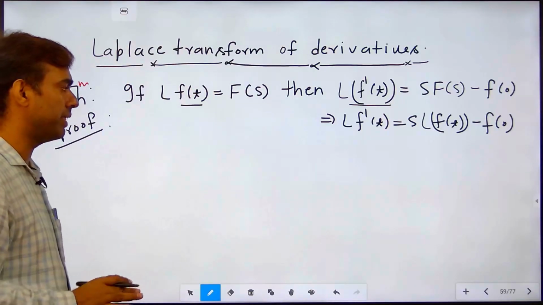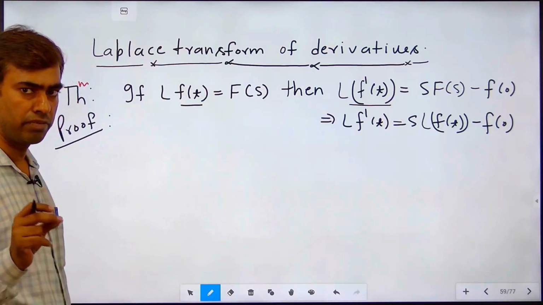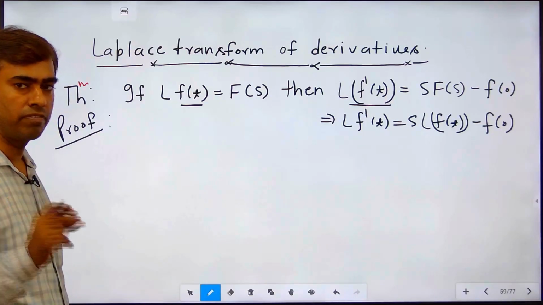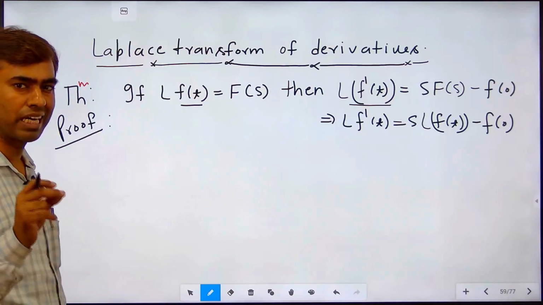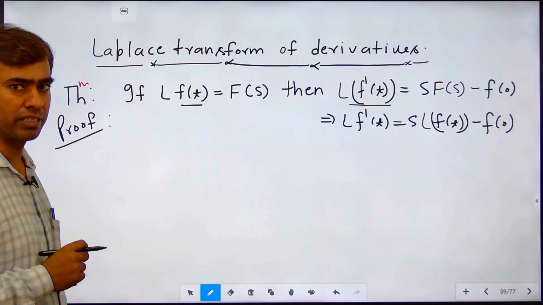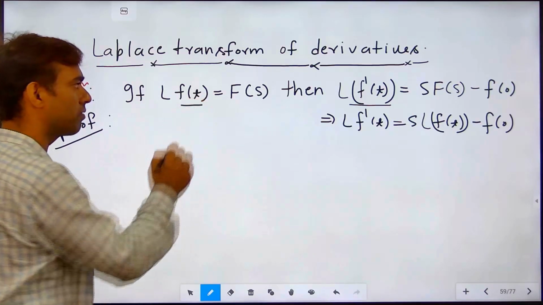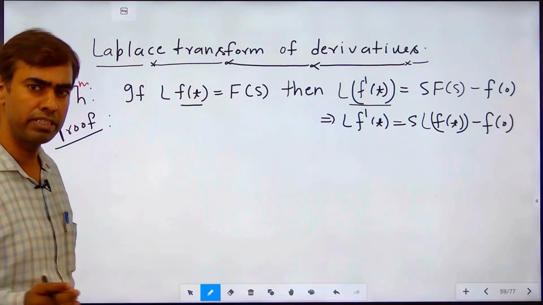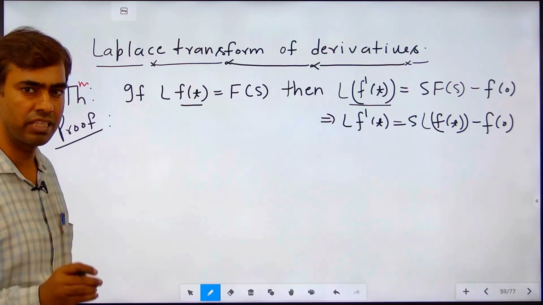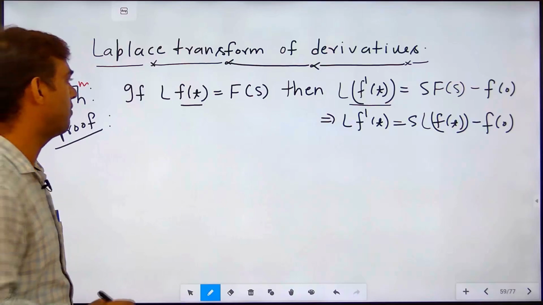Again I repeat the statement, f(t) and f'(t) both are from the category of class A function. If both are from class A, then there must exist a Laplace transform of f(t).